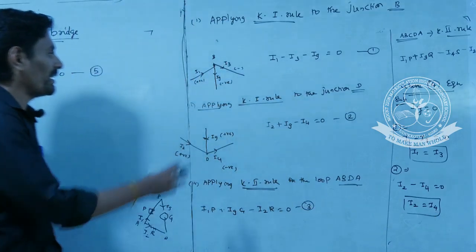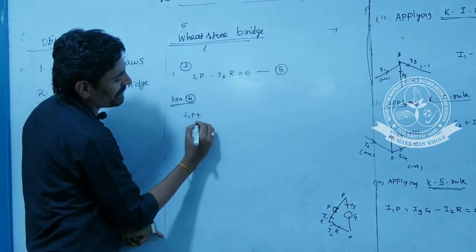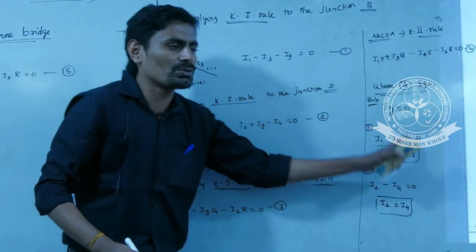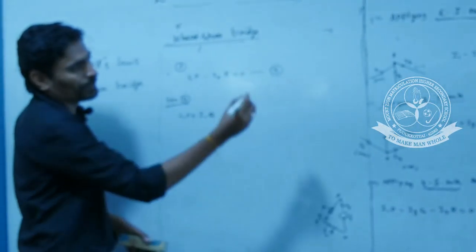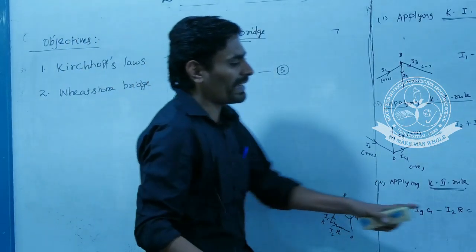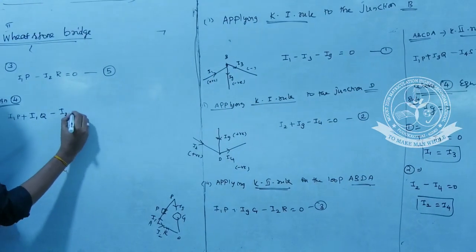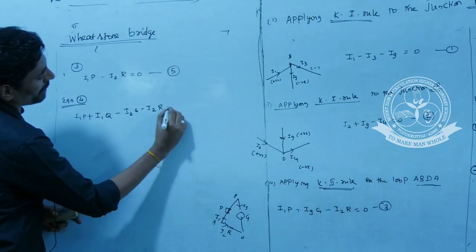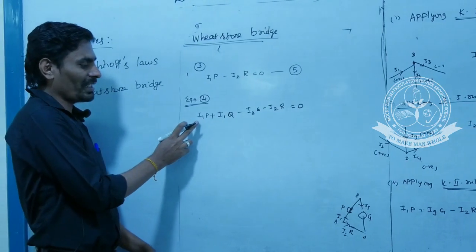So equation 4 can be written as I1P plus I3Q, where I3 equal to I1, so I1Q minus I4S, and I4 can be written as I2, therefore I2S minus I2R equal to 0. That is the fourth equation rearranged.